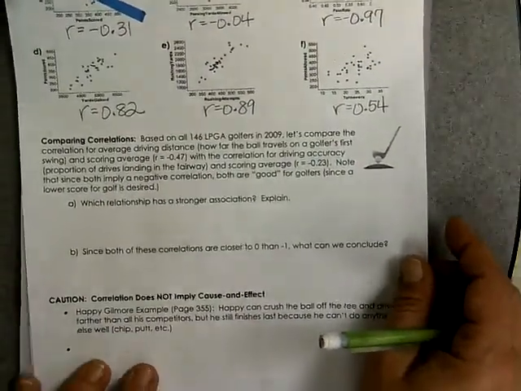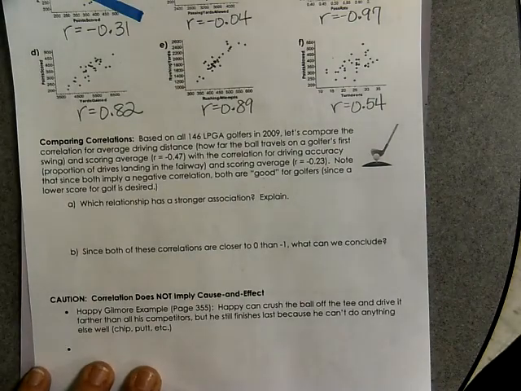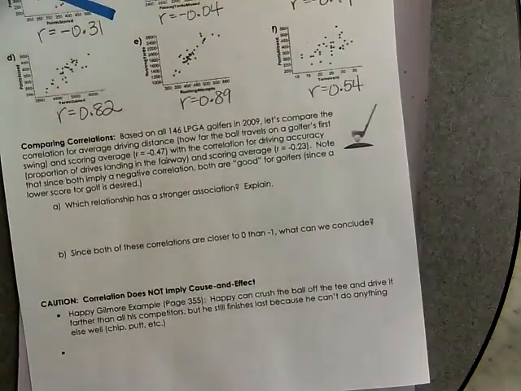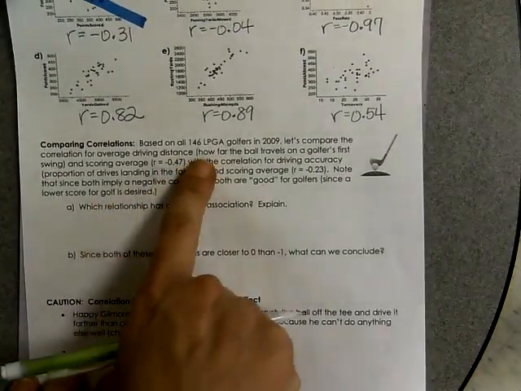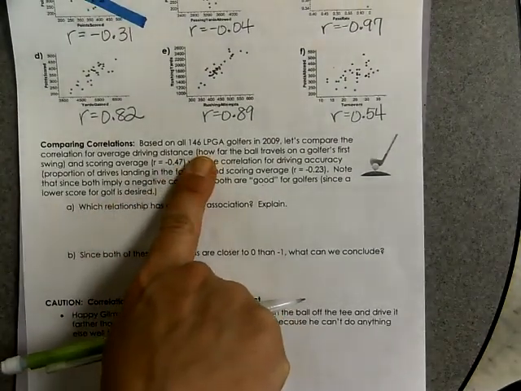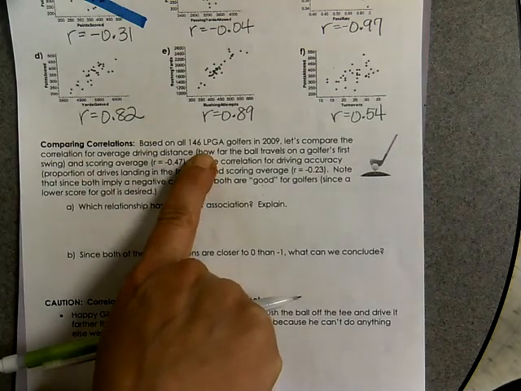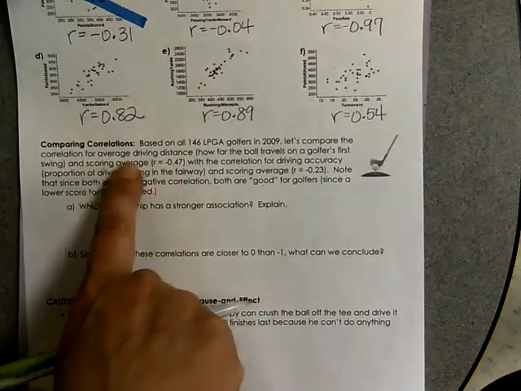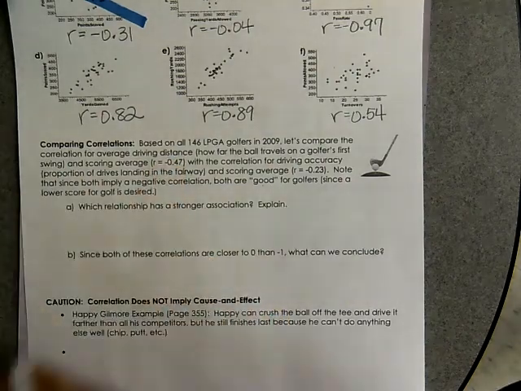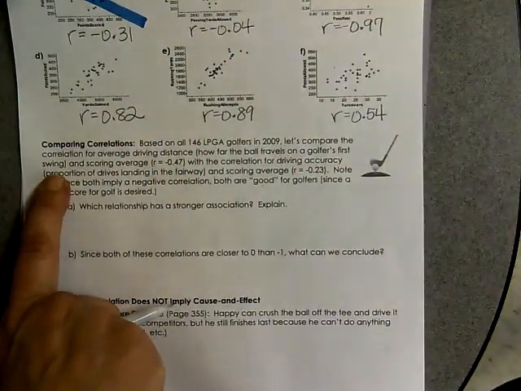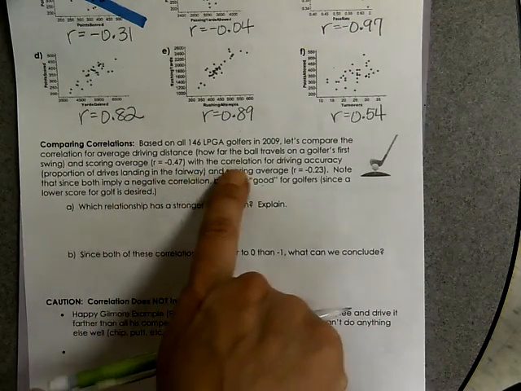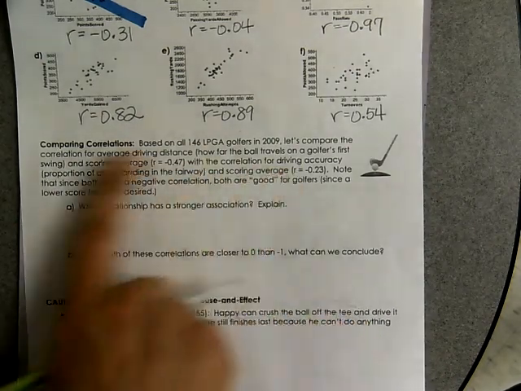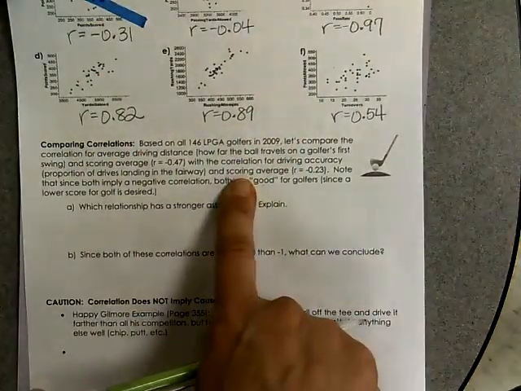All right, so let's talk about what association is stronger and why. So based on all 146 Ladies Professional Golf Association golfers in 2009, let's compare the correlation for average driving distance, which is how far the ball travels on a golfer's first swing, and their scoring average, with the correlation for driving accuracy, which is the proportion of drives that land in the fairway, and their scoring average.